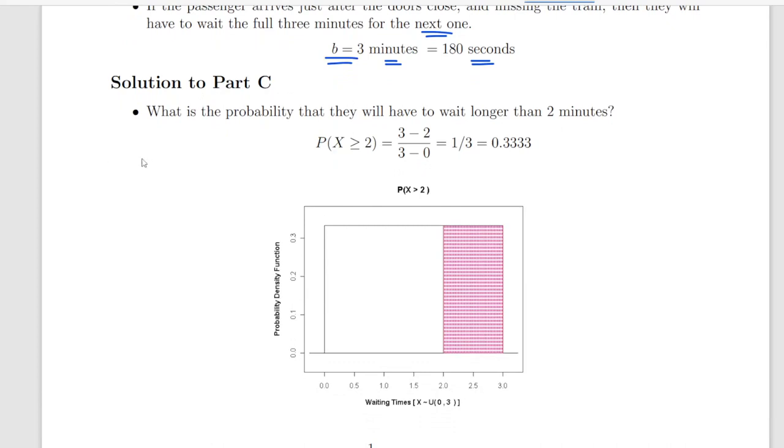Okay, so this is interesting. The way we go about this is the probability of x greater than, let's say, k, is equal to b minus k, where b is the upper bound and b minus k is the range of possible values that can exceed k, divided by b minus a.